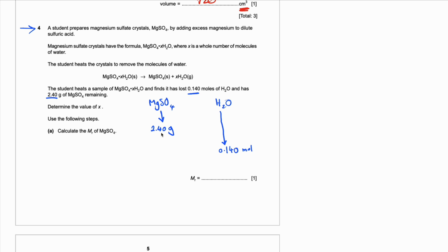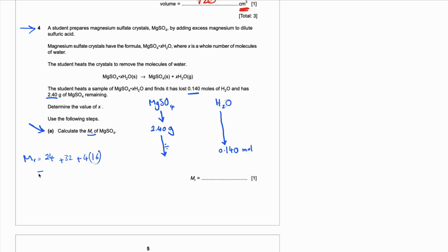So you need to convert grams of magnesium sulfate into moles, simply by dividing by the molar mass of magnesium sulfate. That's why in the first step he is asking you to calculate the relative formula mass of magnesium sulfate. So Mr of magnesium sulfate equals the relative atomic mass of magnesium 24 plus the relative atomic mass of sulfur 32 plus the relative atomic mass of oxygen 16, but that is repeated 4 times.